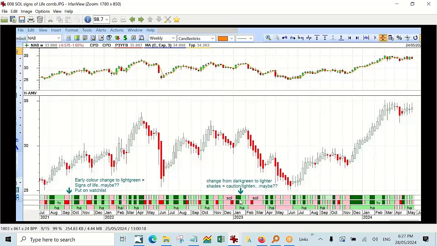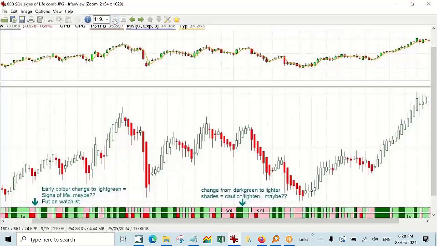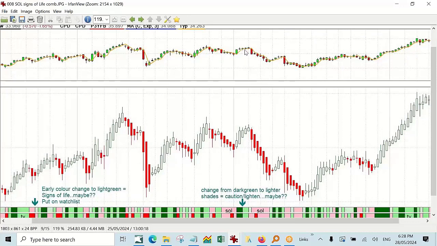And similarly, if it changes from dark green, things have been going very, very well, and then suddenly things aren't going so well. I think that's because of the close, the low. I'll make that bigger. The close up there, the low is tipping its toes below the tippy.